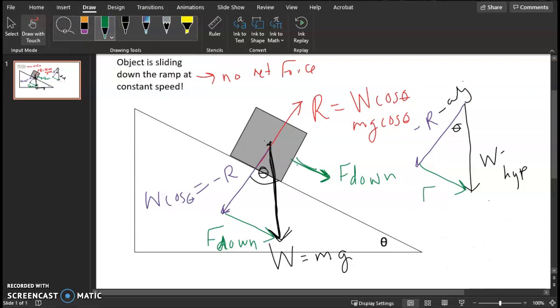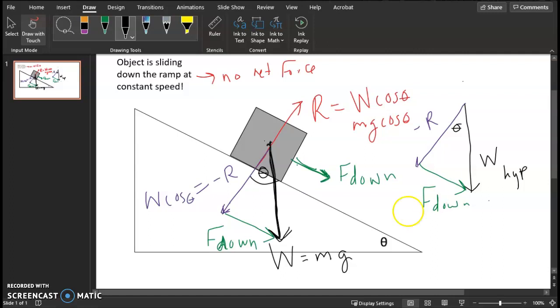Okay, so in this vector triangle now, this is my force down. Clean this up so we can focus. I have my weight, which is the hypotenuse. I have this angle between the opposite of the normal vector and the weight vector, and then I have this force down. The force down is opposite to the angle.